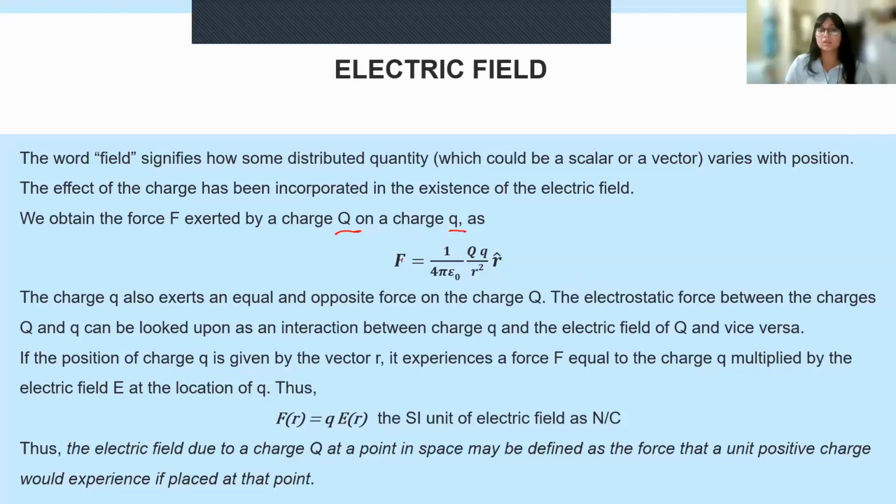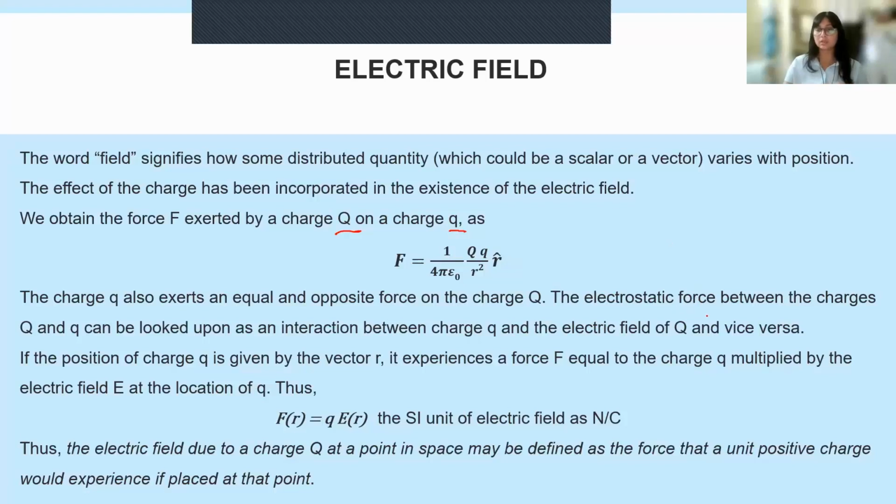Okay, this is the force on q because of the charge Q. Now the charge q will also exert an equal and opposite force on the charge Q. The electrostatic force between the charges Q and q can be looked upon as an interaction between the charge q and the electric field that is produced by Q, and vice versa.